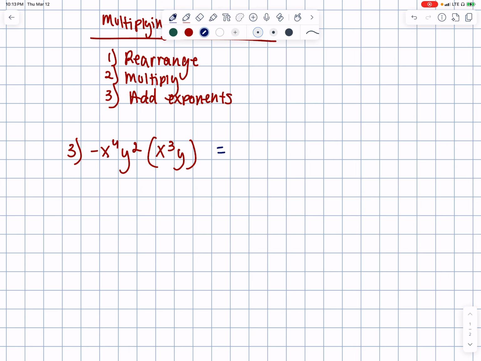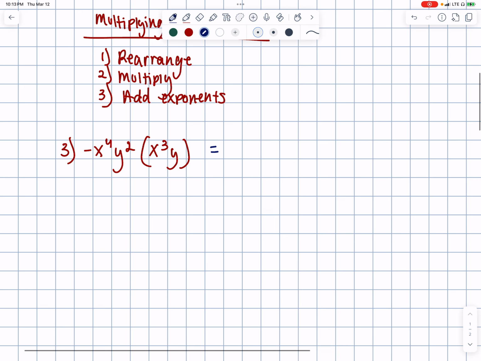So what was the first thing we gotta do? We gotta rearrange. Yeah, that's the first thing. And so there are no coefficients, so half of our work is cut, okay? But we need to rearrange it where those variables are close to each other.